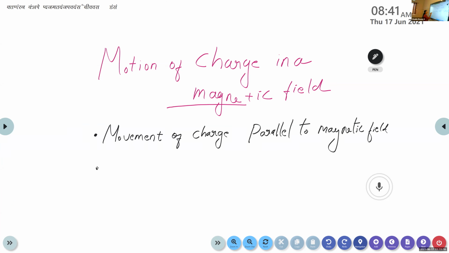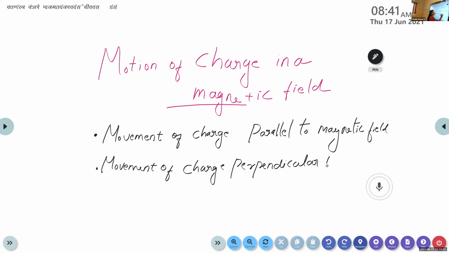Second one, movement of charge perpendicular to magnetic field. And the last one, movement of charge at an angle theta with that of the magnetic field.